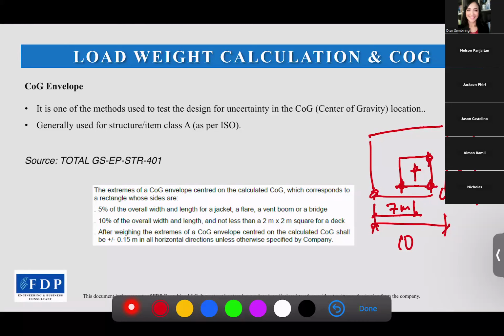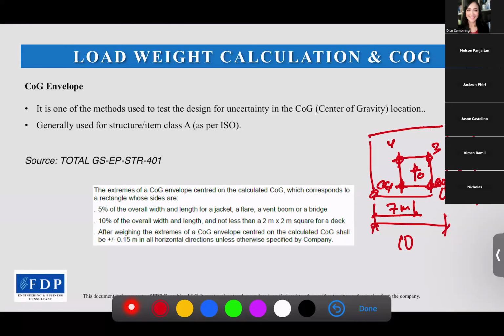This is an imaginary COG. So we have 4 imaginary COGs. Let's say it's COG1, COG2, COG3, and COG4. And this is the original COG. Now, where is the location of COG1, 2, 3, and 4? It will depend on the size of the COG envelope or the box itself.